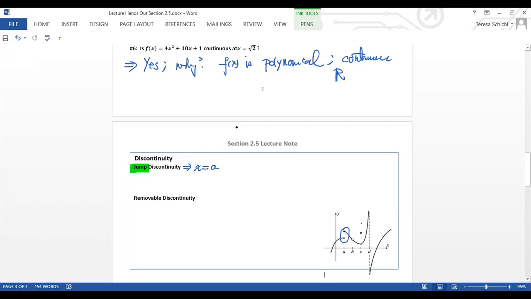Now you will ask, how do we do it mathematically, right? The way we define the jump is that the one-side limits exist, but are different numbers.